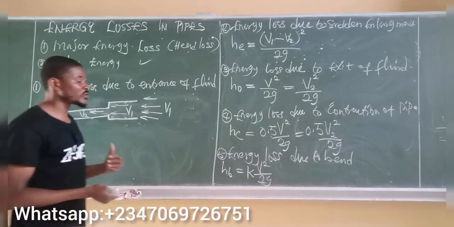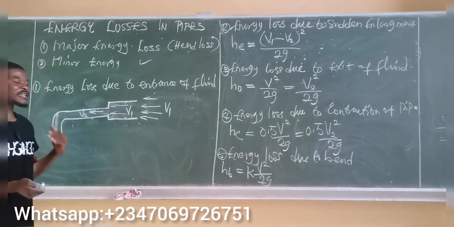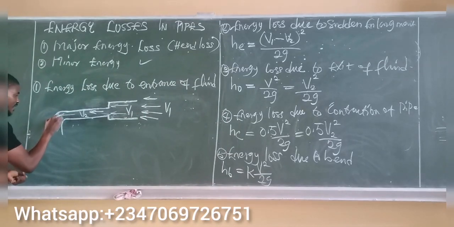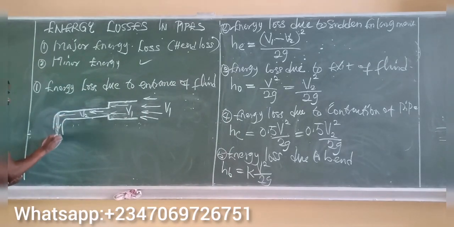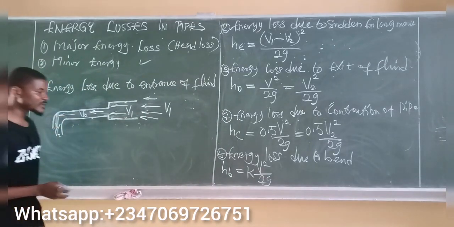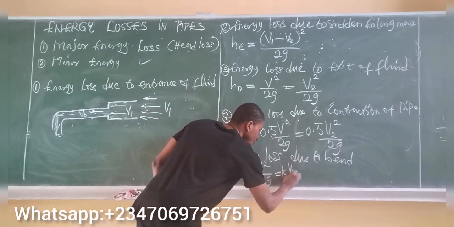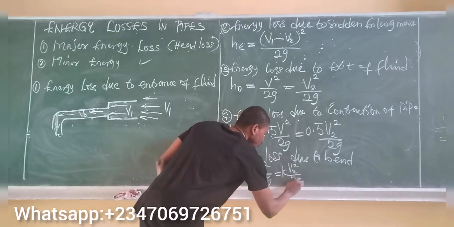The v depends on the velocity at the point of bend. In this case, it is still v2 that enters and experiences this bend. Therefore, you can rewrite this equation as K v2 squared all over 2g.